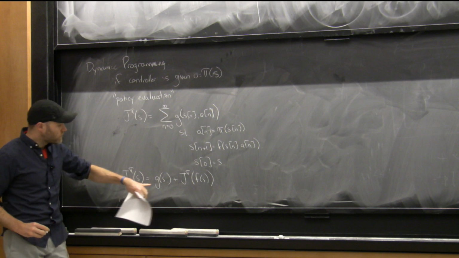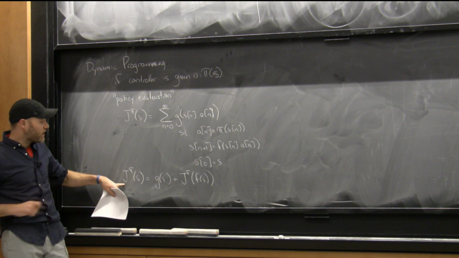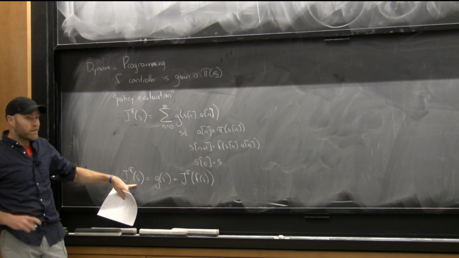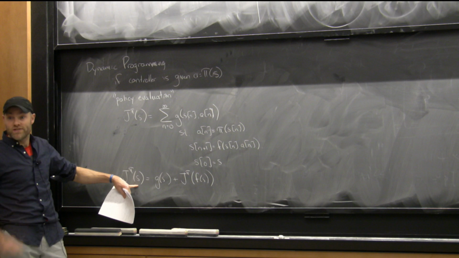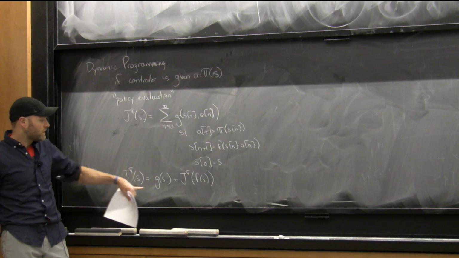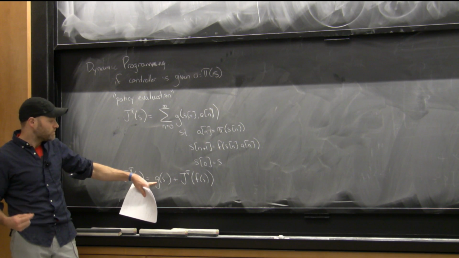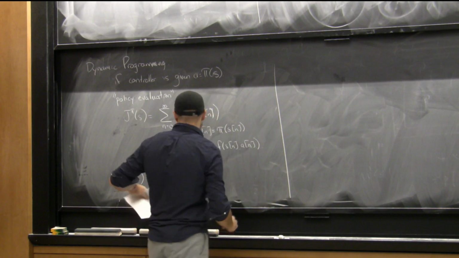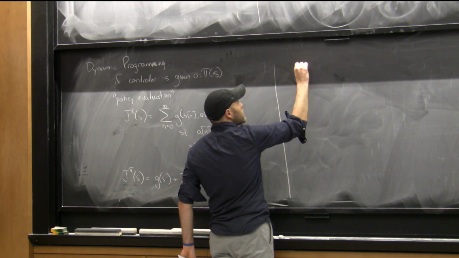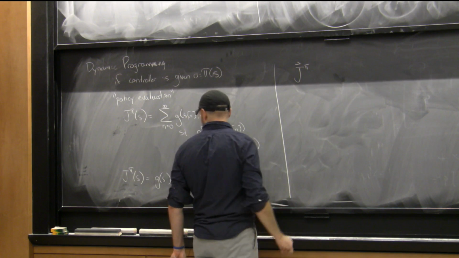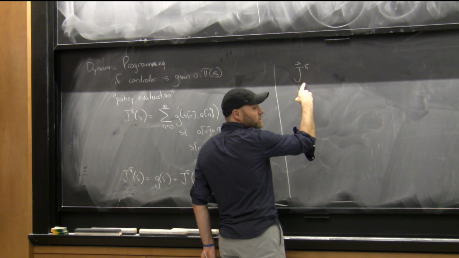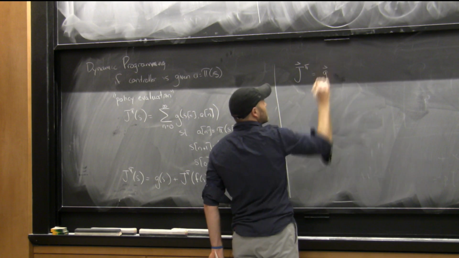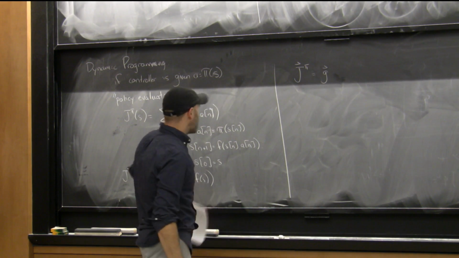Okay, so let's think about the case of discrete states and discrete actions. Remember, this is just a number for every discrete state. So I can replace that with a vector, and this is just a cost for every discrete state. And this is, again, a vector. So I can rewrite that whole thing as a vector J pi, right? Where the ith element of the vector is the J of Si, is some vector G. And how are we going to write that?